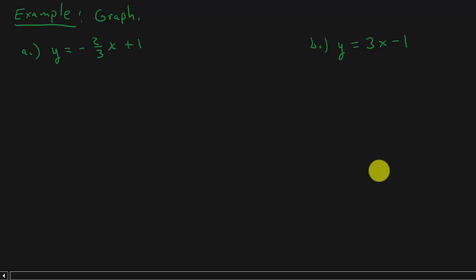And that's an acceptable way of graphing these things. Another way is making an XY table. I'm sure you remember that. You pick whatever values you want for X, plug them in, calculate your Y value and plot the points. That's another way to do it.